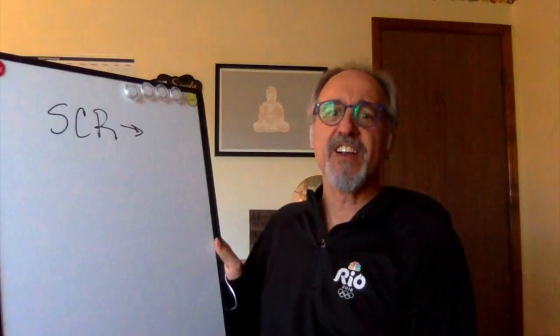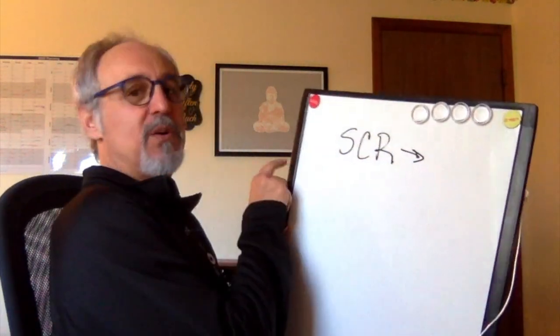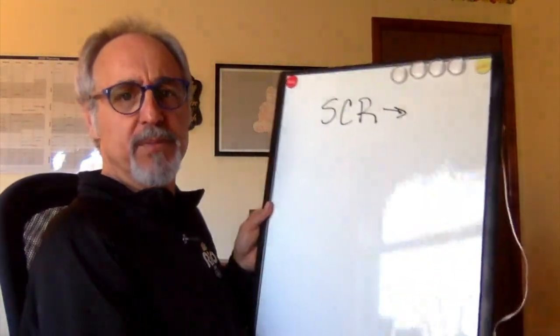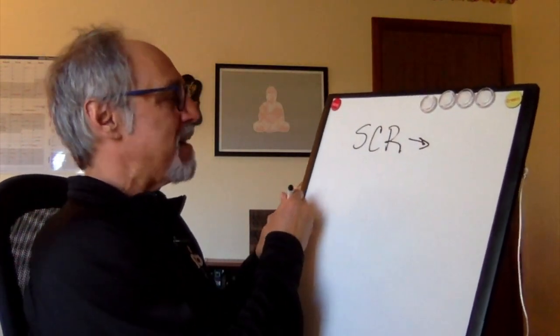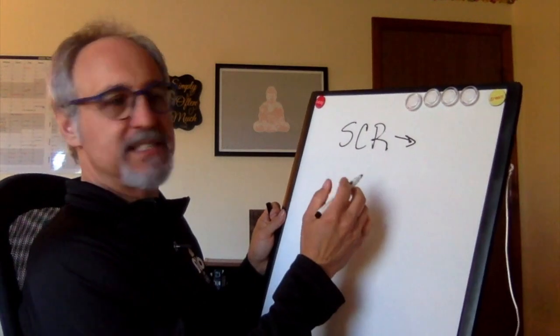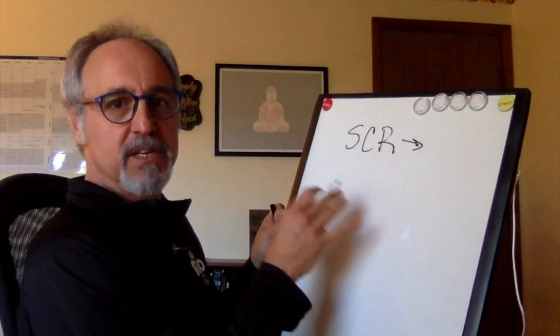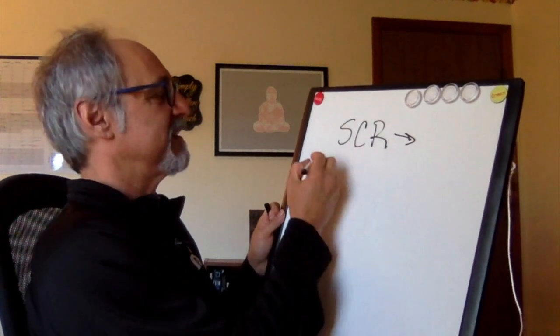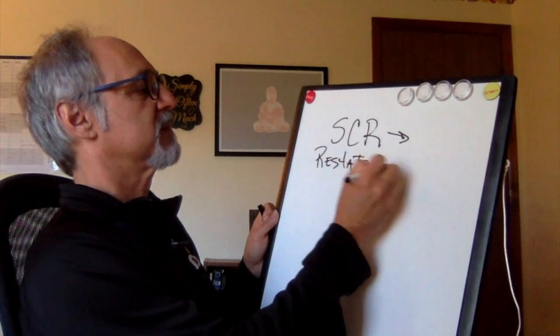All right, so let's talk about the SCR. We've been talking a lot about the SCR and evidence. So I just wanted to give you a couple of little reminders about the SCR and evidence. Remember that whenever you answer an SCR, the number one thing is you answer the prompt. The way you do that, again, is by restating it. Restate the prompt.